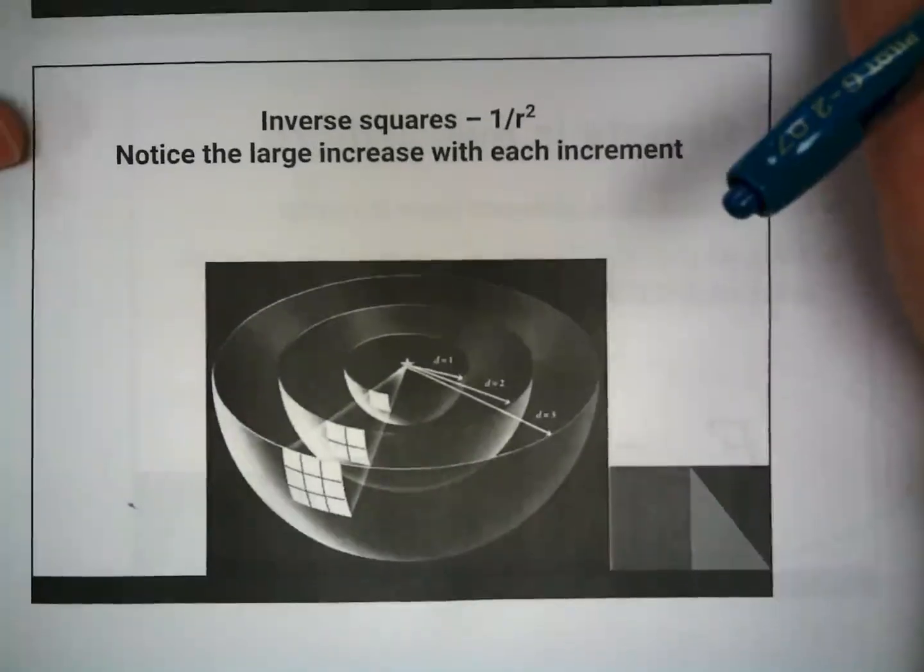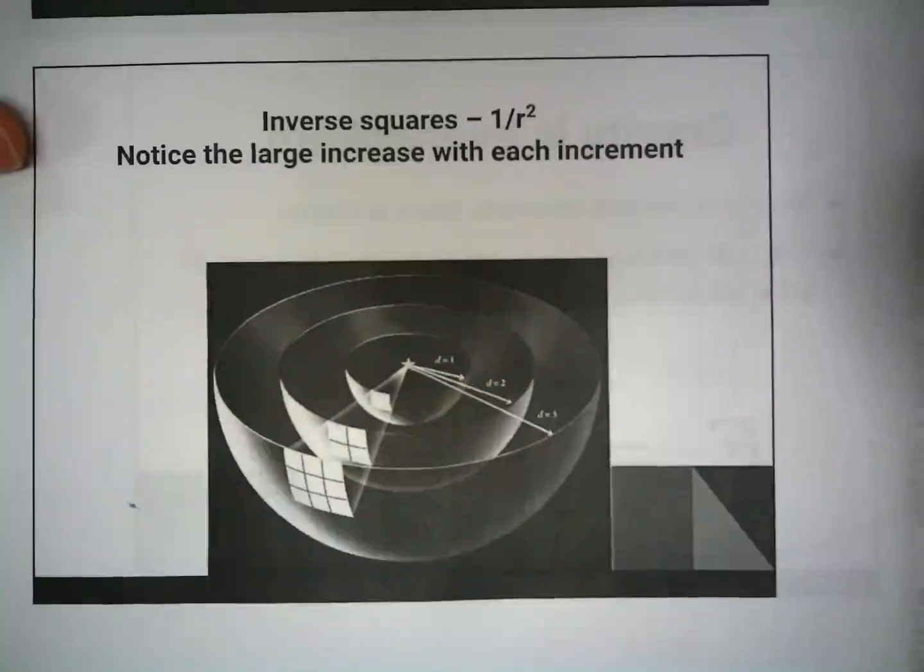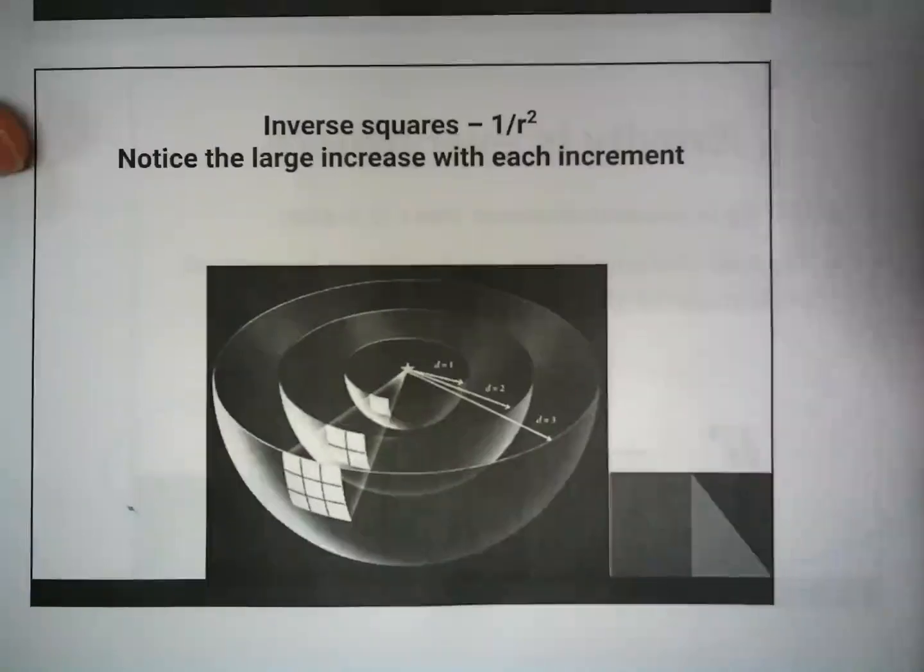Now, here is something that is a little heavy on the calculus side that I don't want to get into a whole lot, but I do want to talk about it for a half second. It's what we call the inverse square law, or the inverse square principle.